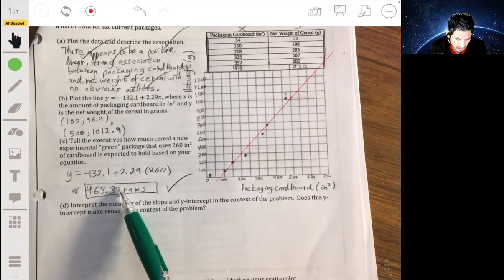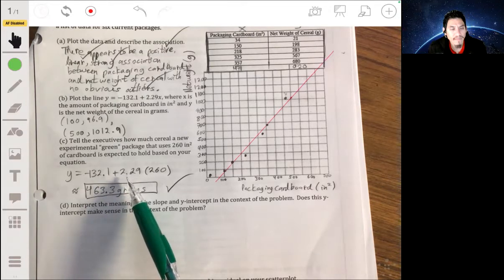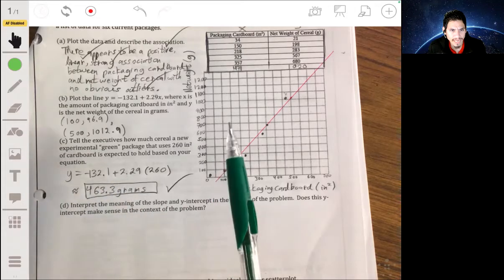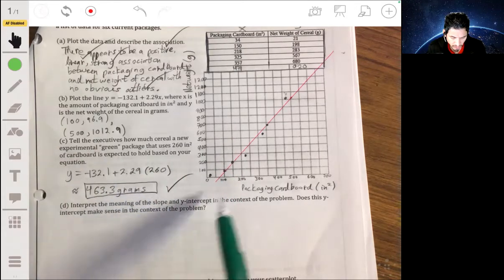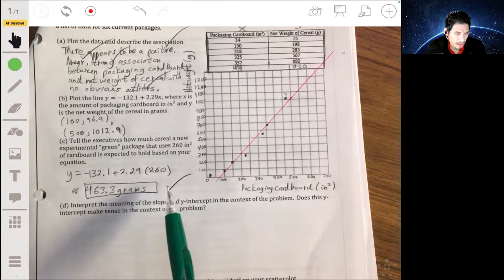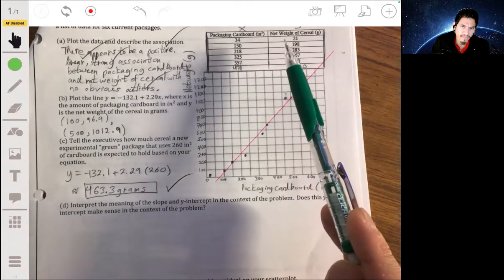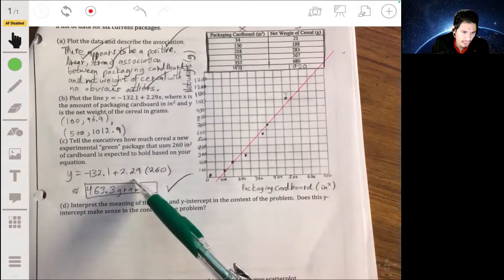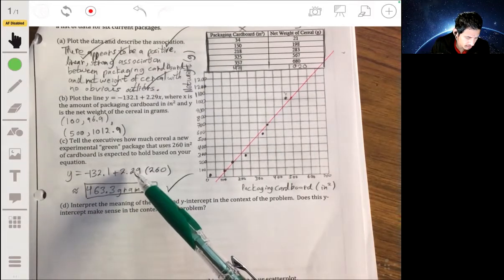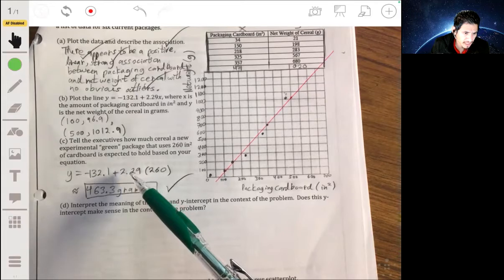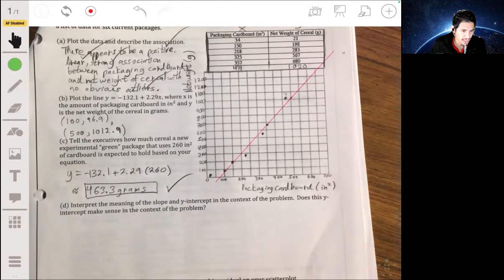Now, what that means in context is that as the x value, or as the packaging cardboard increases by 1 square inch, we're going to expect the amount of cereal that can be held, or the weight of cereal, to go up by this amount. So for each additional square inch of packaging cardboard, the net weight of cereal is predicted to increase by 2.29 grams.